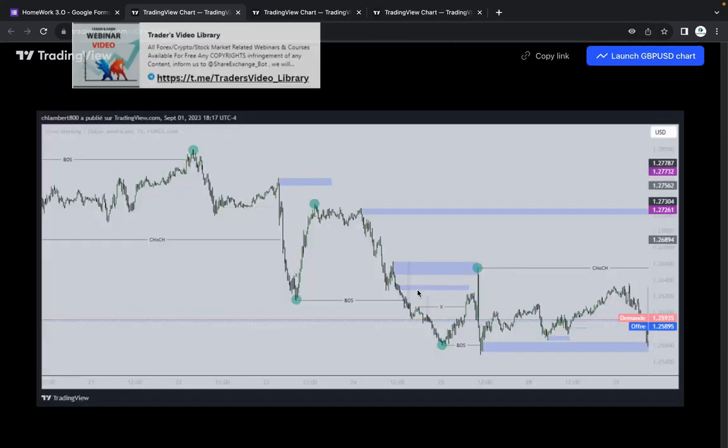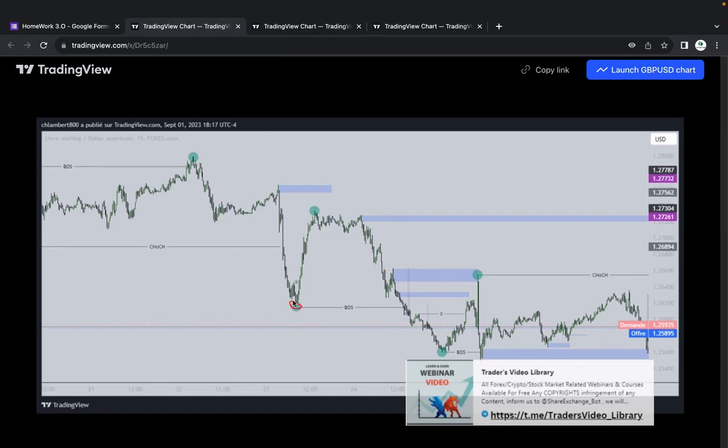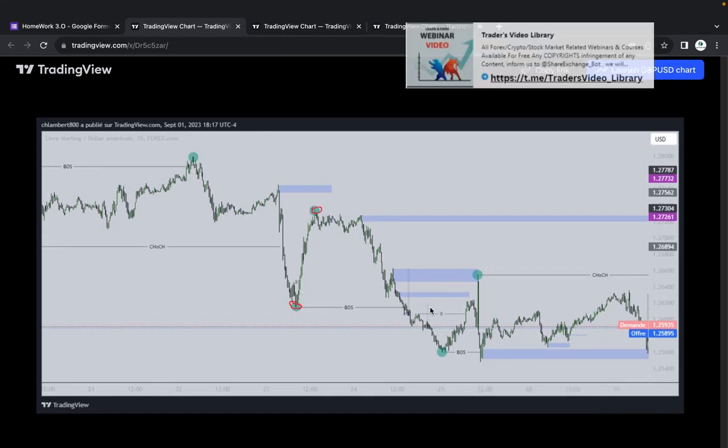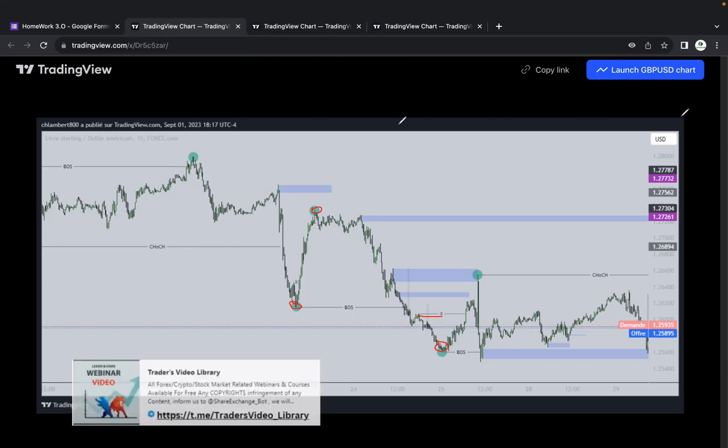Okay, this one is also similar, lower lows and lower high, everything looks valid. Break of structure, confirm lower lows, inducement taken out. Okay, push downside, break of structure and CHoCH. Yes, this one also looks valid.